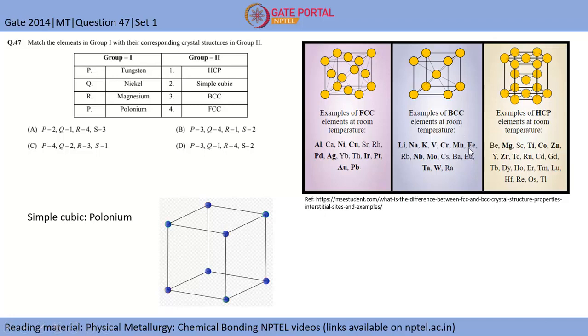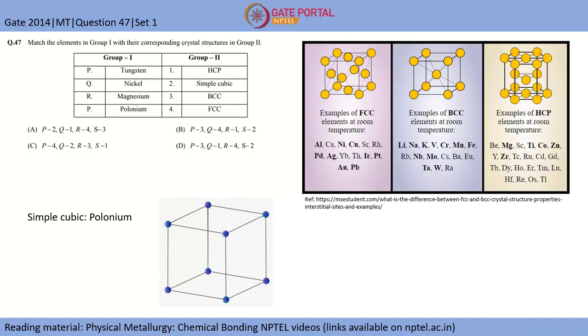Alpha iron is BCC structure, as are manganese, chromium, vanadium. For salts, NaCl forms the rock salt structure. Even lithium, with plus one valency. So Na plus 1 is there, Li plus 1 is there, K plus 1 is there.